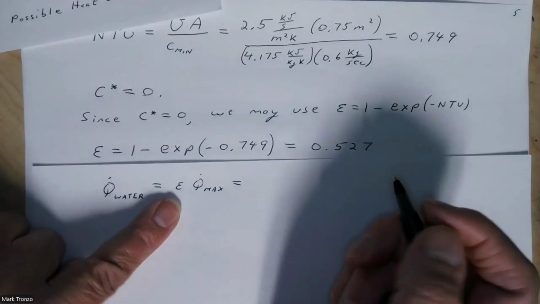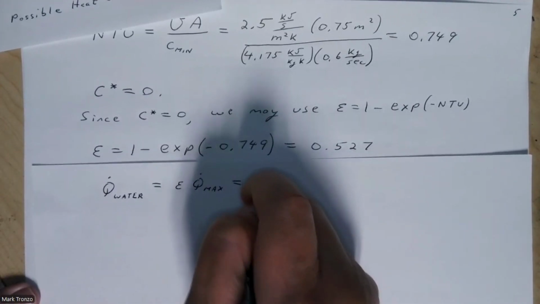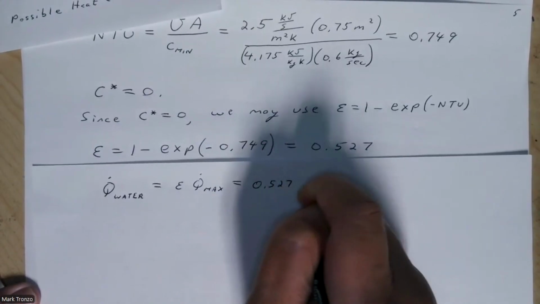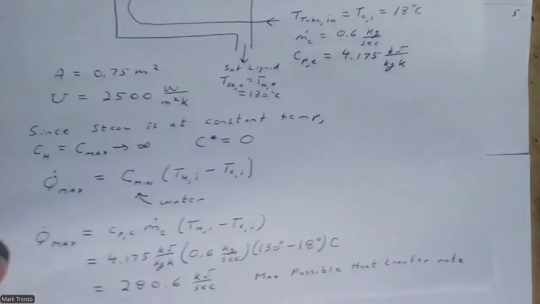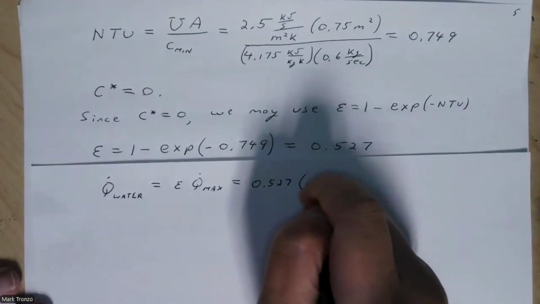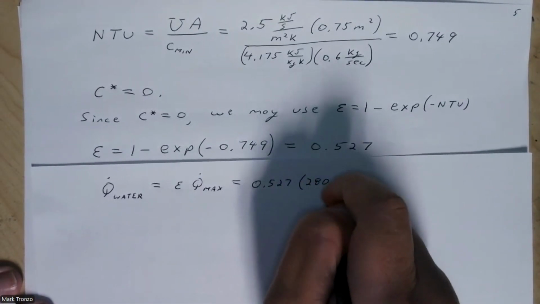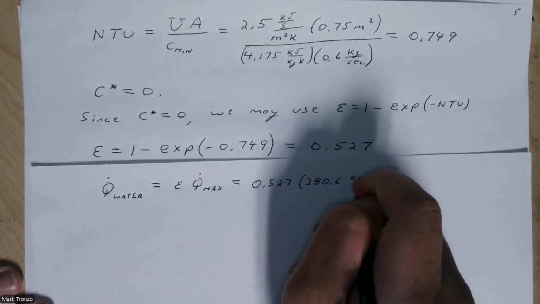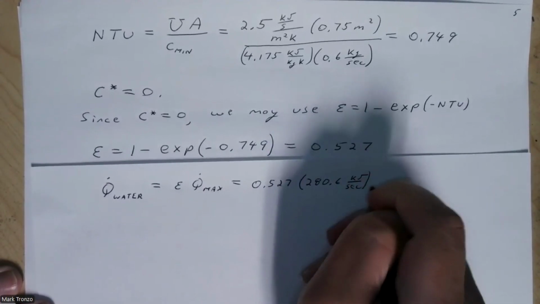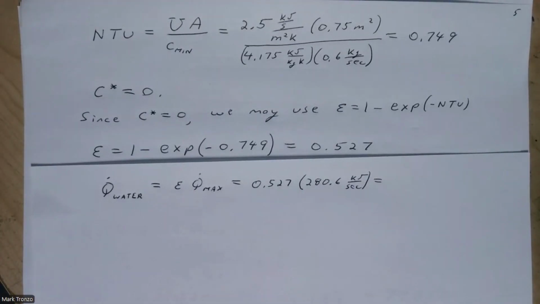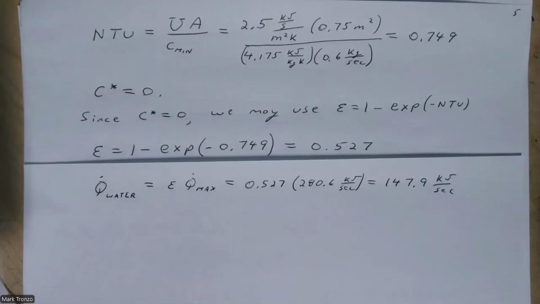And of course, this is the effectiveness, 0.527, times our Q max, or 280.6 kilojoules per second. And that's going to be 147.9 kilojoules per second.